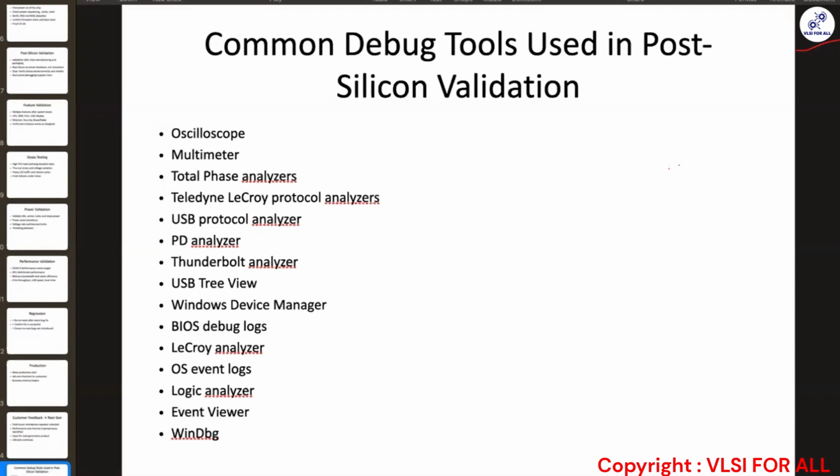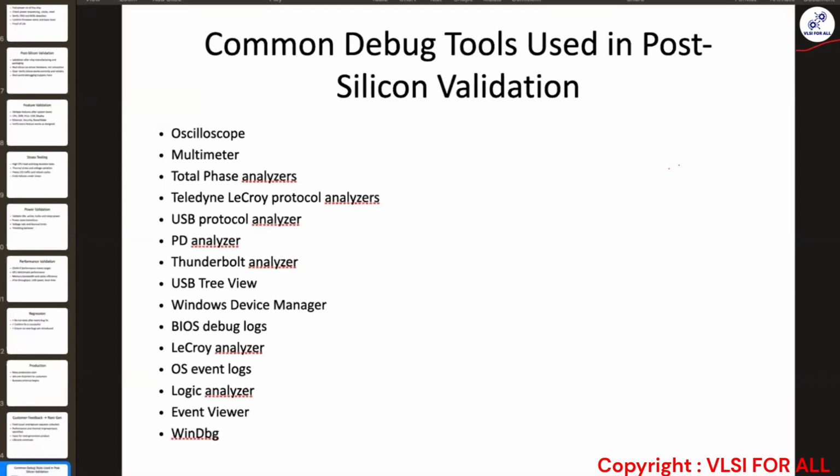Anything around USB in the protocol layer you can capture with the help of Lecroy. Your Lecroy is more like a middleman. You connect your device to the Lecroy, then from the Lecroy you connect it to your platform. You sniff whatever protocol transaction is happening in the middle, and you analyze it and check. So this is what you use on the USB side.